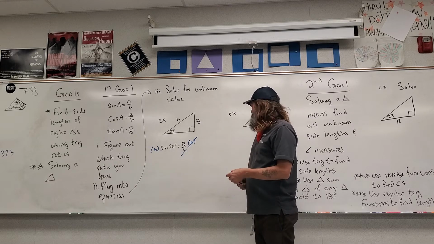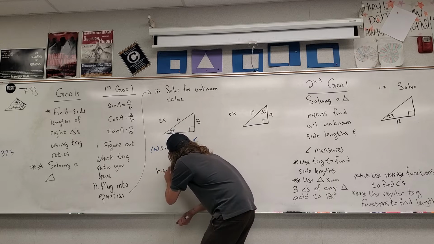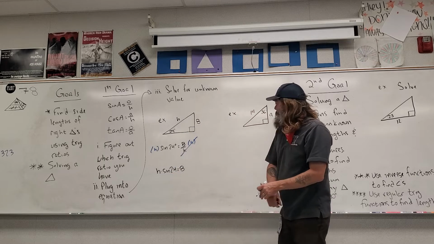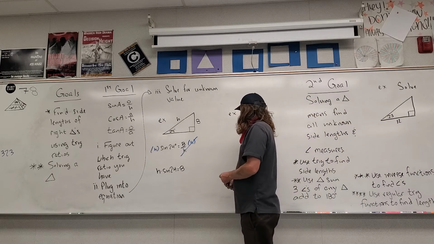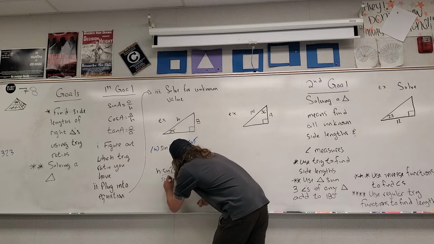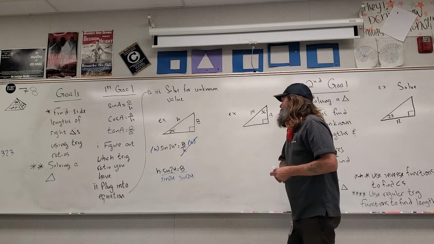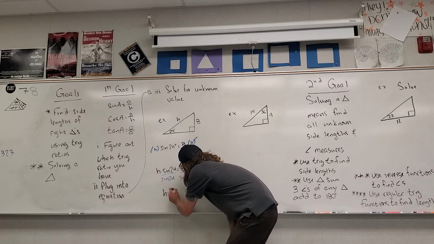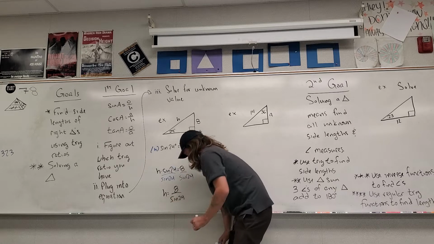And I'm now left with h times the sine of 24 degrees, and that's equal to 8. I need to get h by itself, and sine of 24 is a number that's attached by multiplication, so I'm going to divide both sides by sine of 24 degrees. And I've now isolated the value of h, and h is equal to 8 divided by sine of 24 degrees.